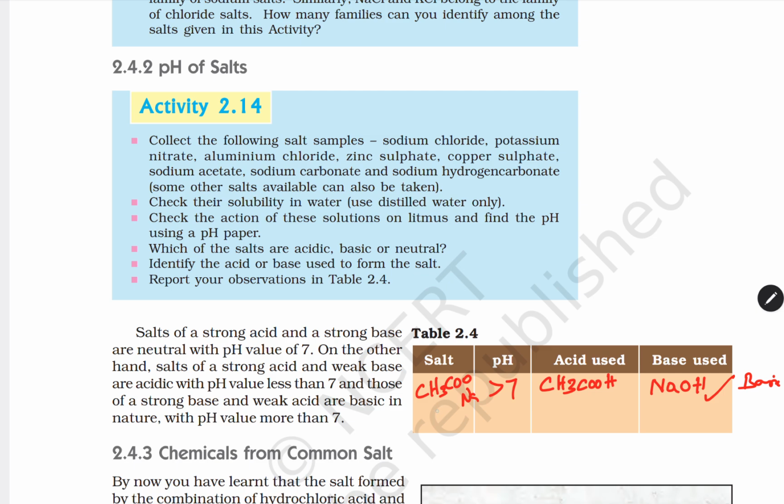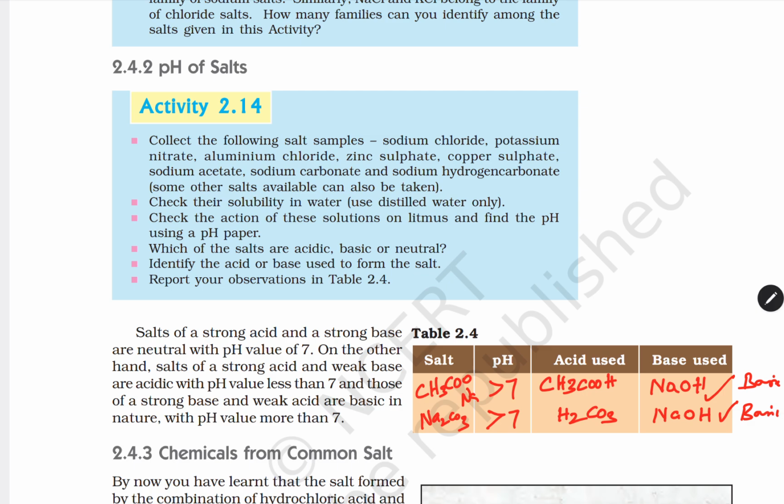Similarly, sodium carbonate, Na2CO3, is your salt. In this case also you will observe it is greater than 7 because the acid is carbonic acid, H2CO3, and the base is NaOH, sodium hydroxide. Because it is strong compared to the carbonic acid, you will get a basic natured salt.